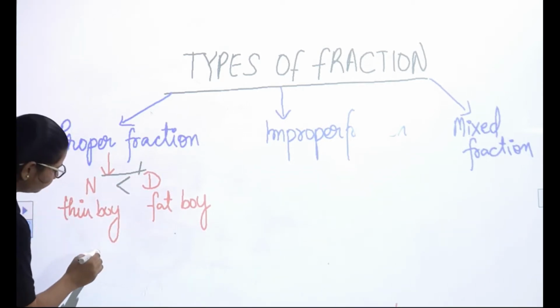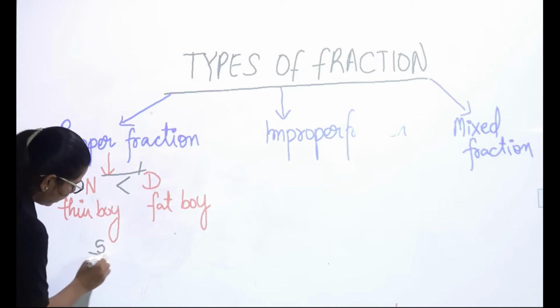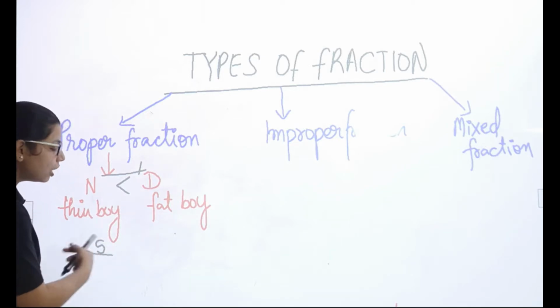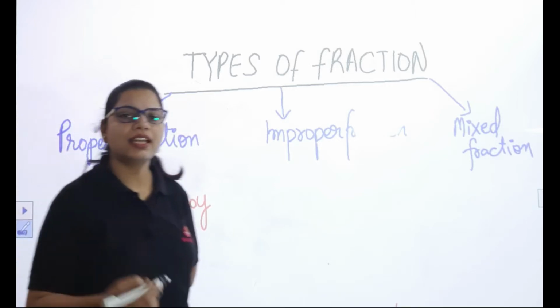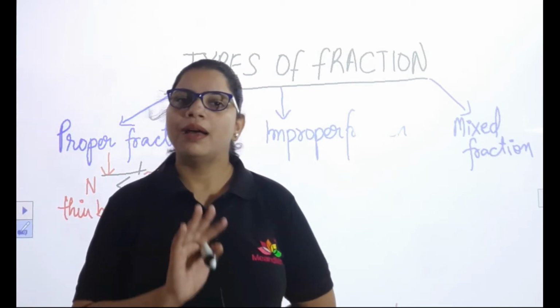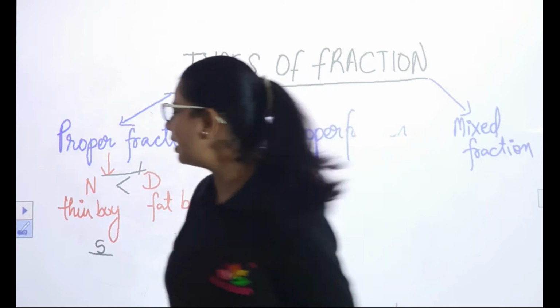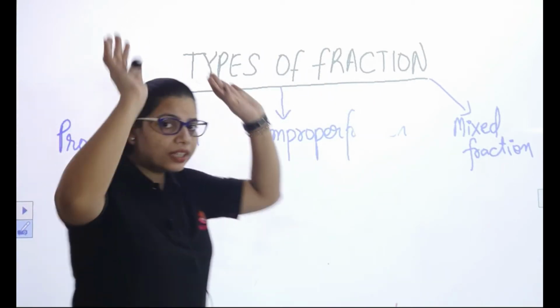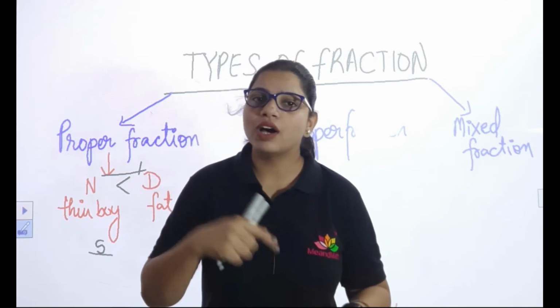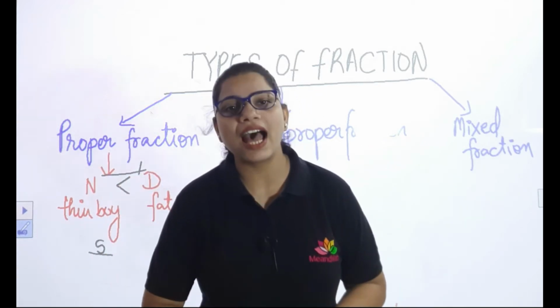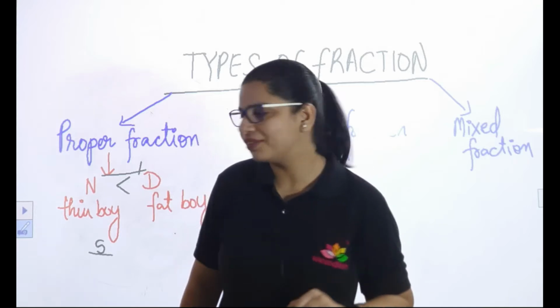So these types of fractions are called proper fractions. Let's say for example, if the above number is 5, the below number needs to be more than 5. It could be 6, 7, 8, 9, any, but more than 5, because it has to hold the above one. So the denominator needs to be strong and bigger than the above one.